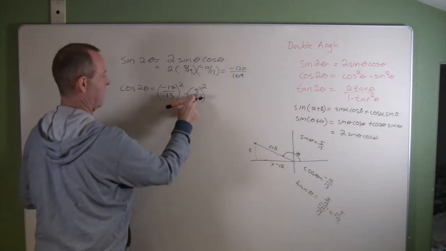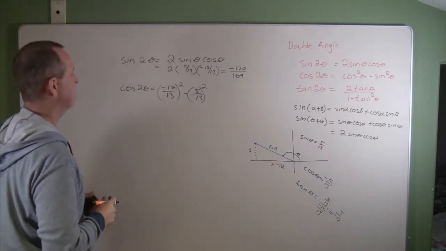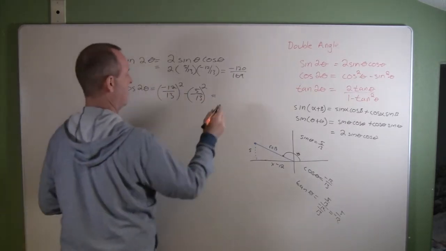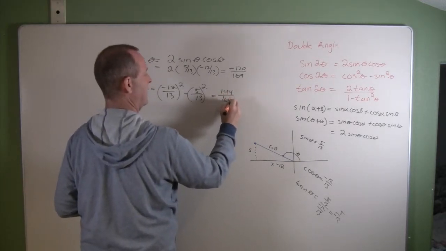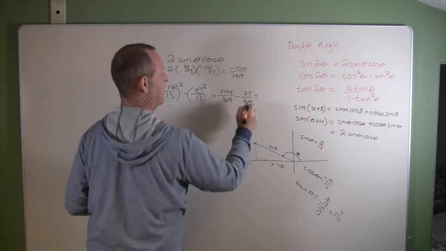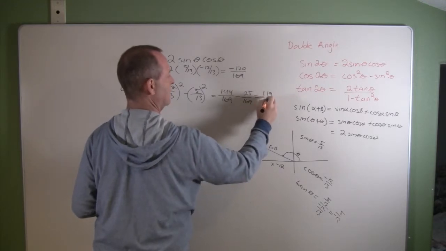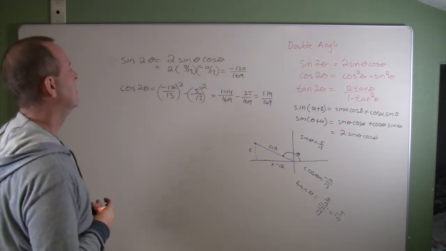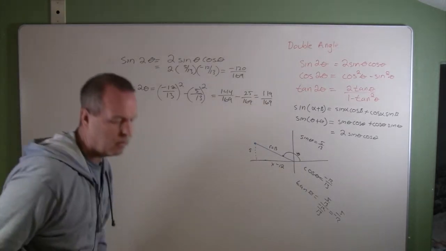I just had this extra line that messed me up right there. So let's work out the work. 12 squared equals 144 over 169 minus 25 over 169, and that equals 119 over 169.